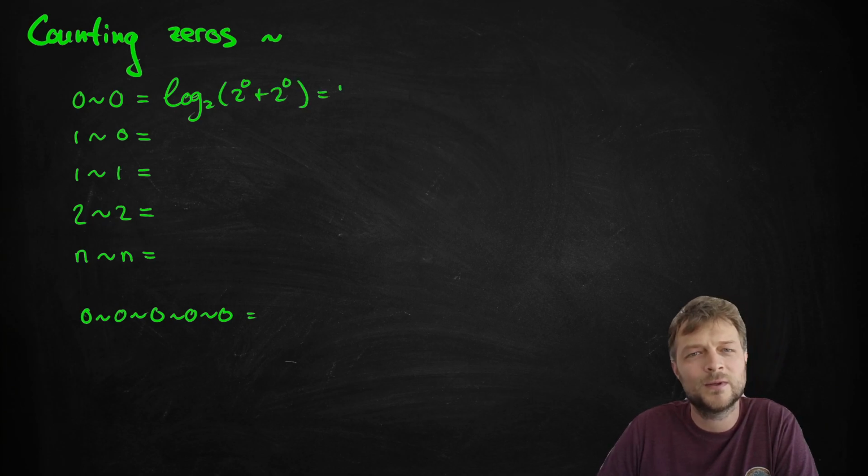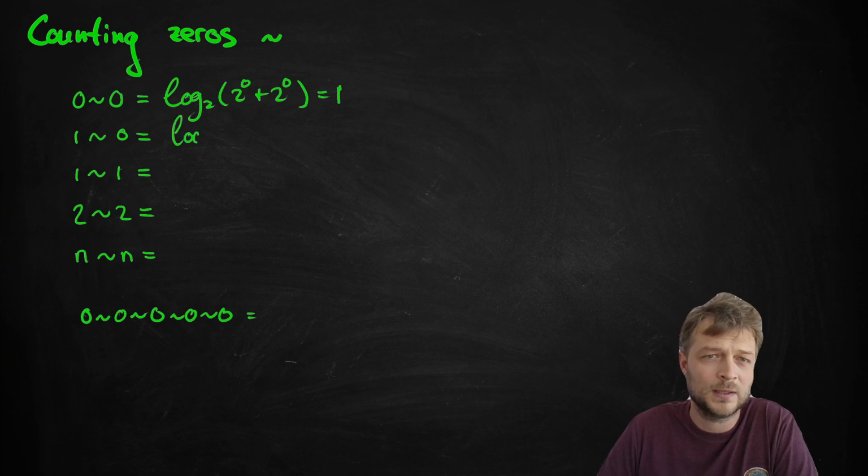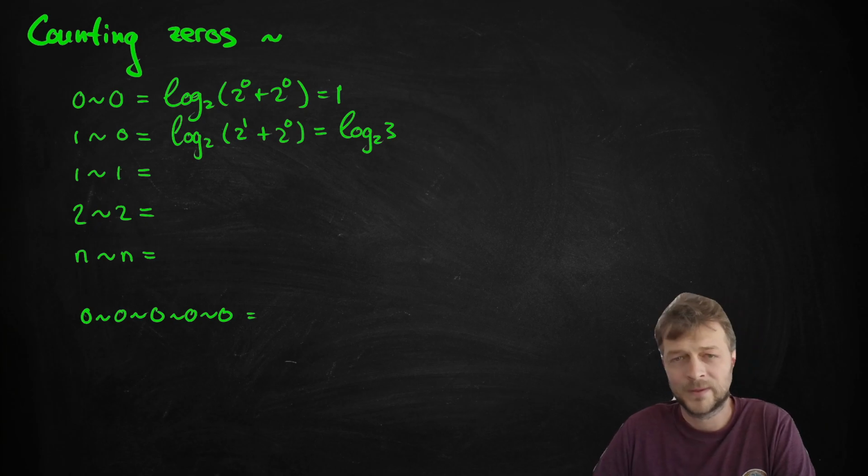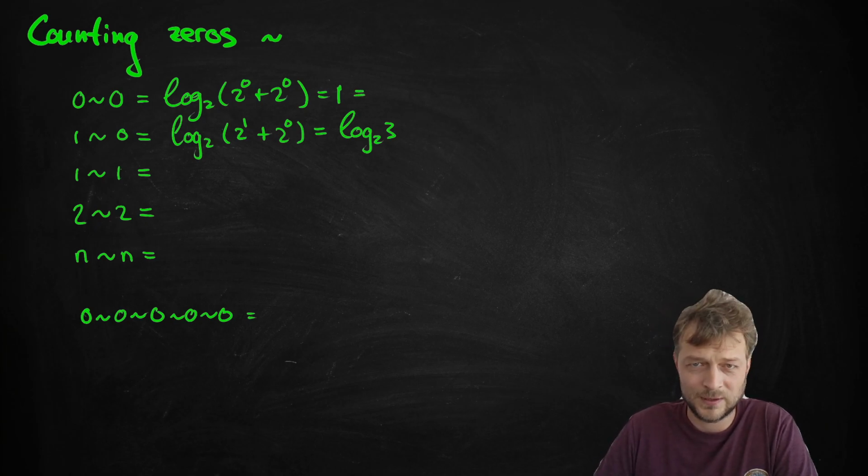So it's obviously 1. Next, this one: log 2 of 2 to the power 1 plus 2 to the power 0. This is 3 in parentheses, so it is log 2 of 3. I want to notice that this is log 2 of 2.